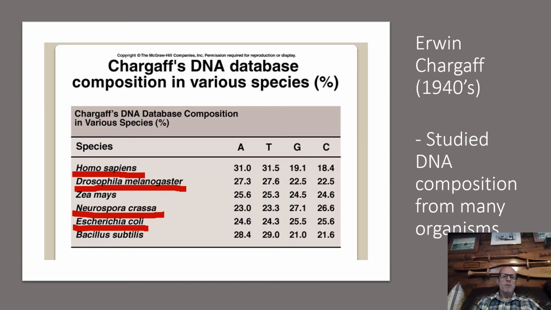Likewise, in the common bacteria E. coli, they tended to have the same concentration roughly of A and T, but their concentrations differed from the other two organisms. The same was true when you compared cytosine and guanine. Cytosine was always equal to guanine, relatively speaking, within a species, but clearly there were differences when you compared one species to another.